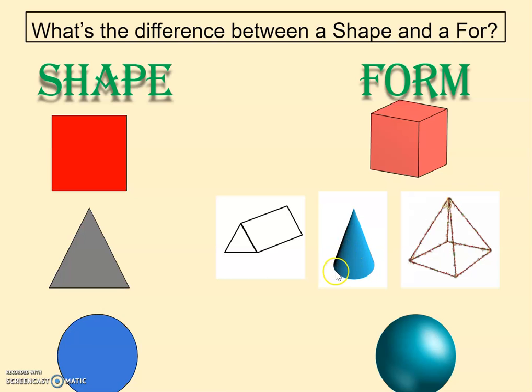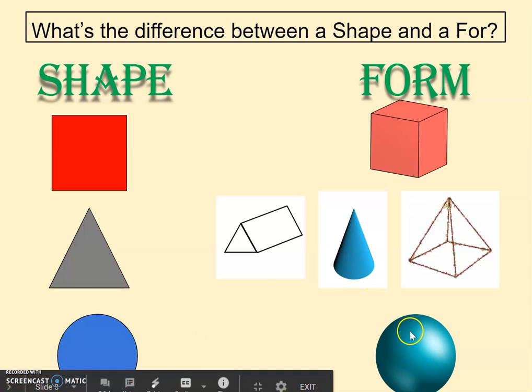Here we have a cone, which would be a 3D rounded triangle. And then here we have the pyramid. The pyramid, we see 1 triangle there, 2 triangles. There's a triangle there on the back and triangle there. So this is the form of a triangle.